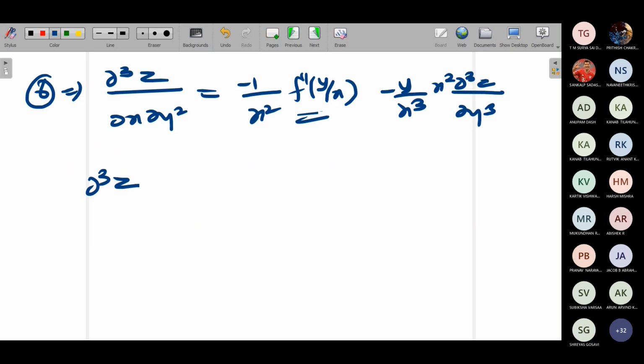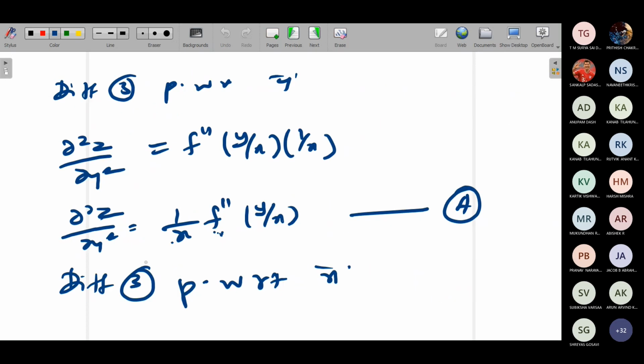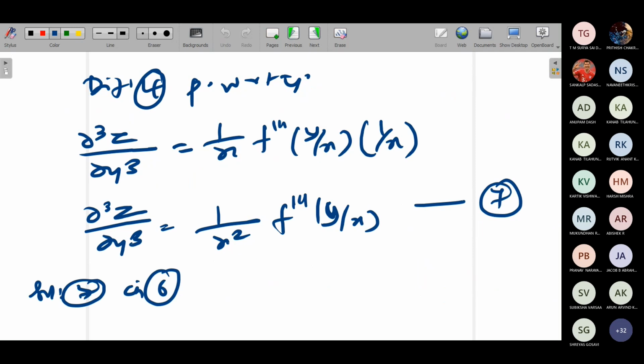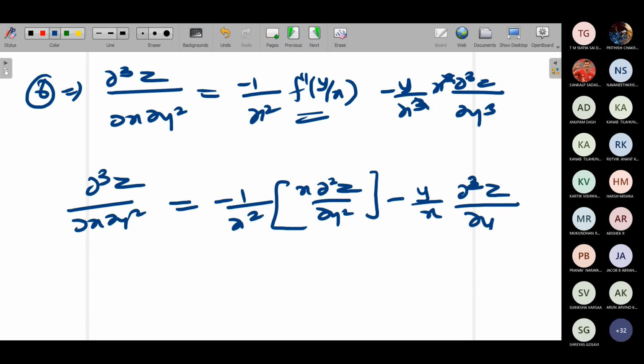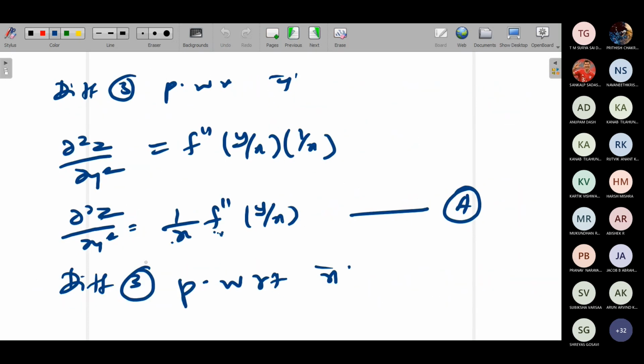So I'll get ∂³z by ∂x ∂y² is equal to minus 1 by x square, f double dash of y by x I can write as x into ∂²z by ∂y², minus, see here, this and this will be getting cancelled, we'll get minus y by x into ∂³z by ∂y³.